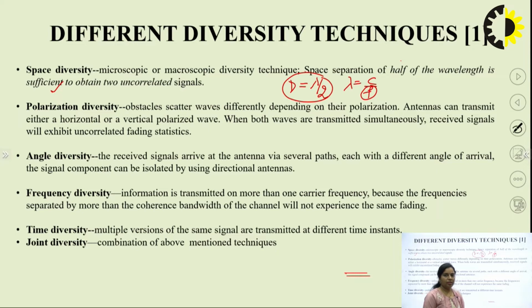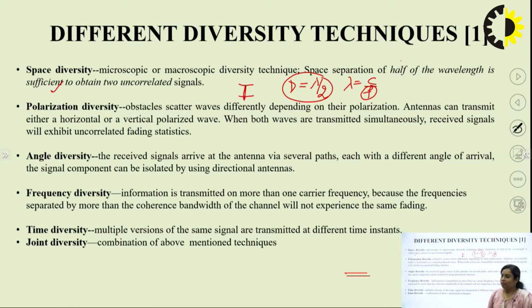This lambda by 2 is sufficient to obtain 2 uncorrelated signals, means in this case let us say 2 multipaths will be considered. So, lambda by 2 is sufficient to receive the correct version of the signal at the receiver side.